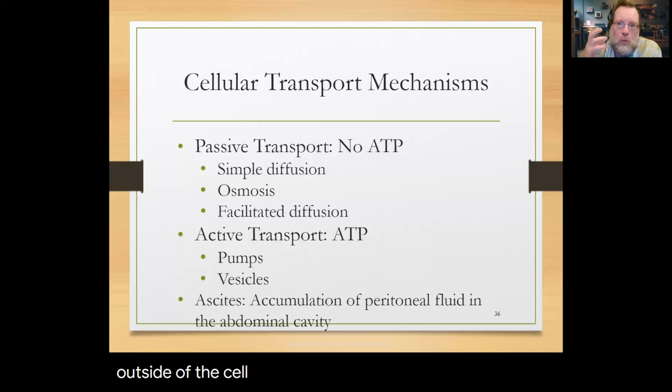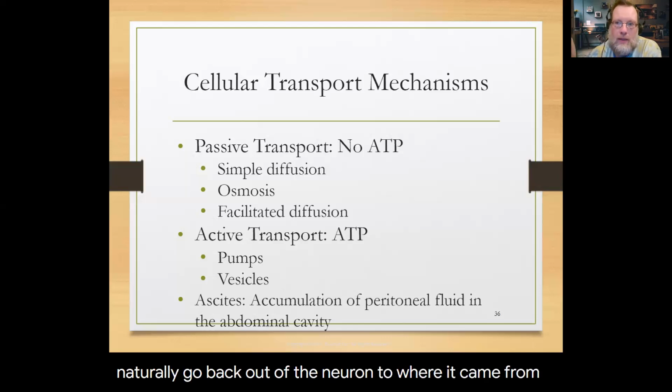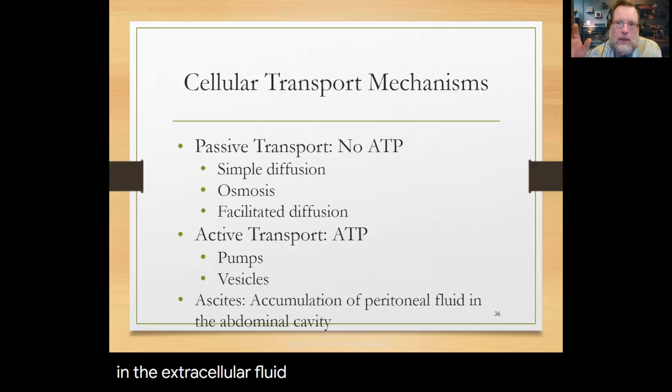So once the stimulus has left the neuron, we need to get the sodium that went into the cell back out. And so sodium won't naturally go back out of the neuron to where it came from in the extracellular fluid, because there's still a ton of sodium in the extracellular fluid.